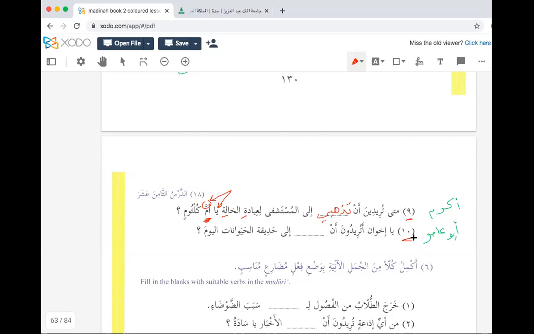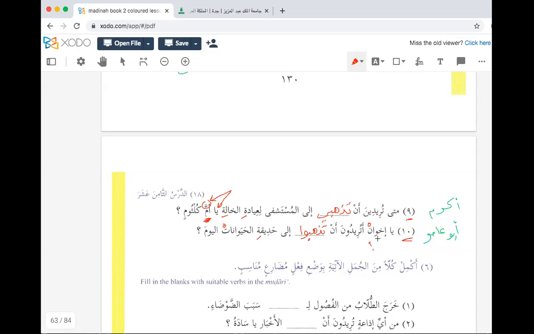يا إخوان أتريدون أن تذهبوا إلى حديقة حيوانات اليوم. You've got quite a few sukoons going on. يا إخوان.